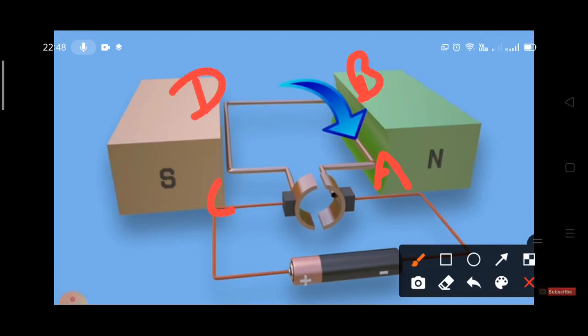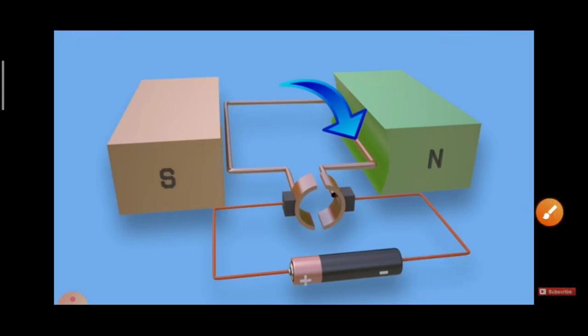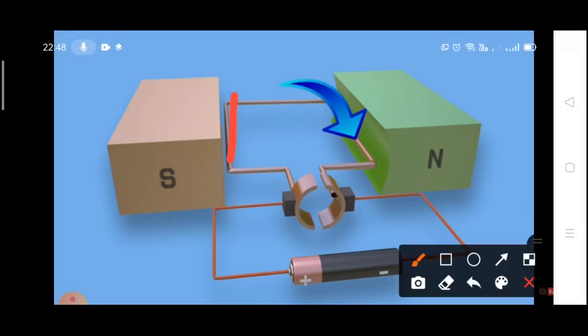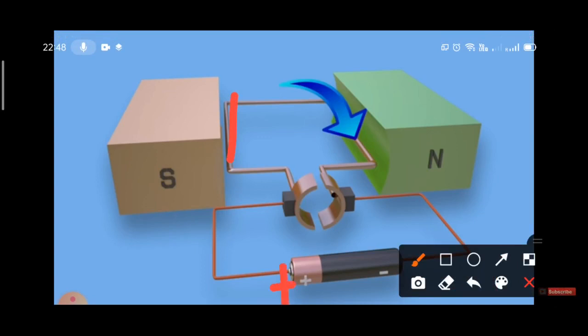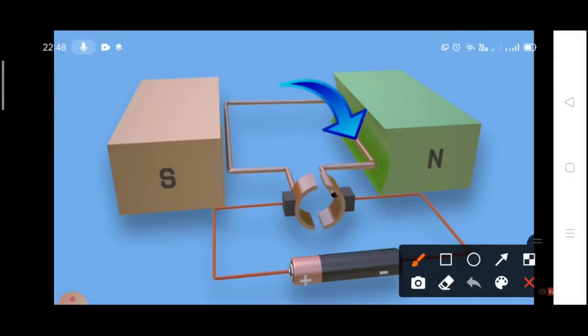Also the polarity of these arms changes because this split ring which is connected to AB is now connected to the negative terminal and CD is now connected to the positive terminal. So in this way the direction of current is reversed, and this type of split ring is called a commutator.